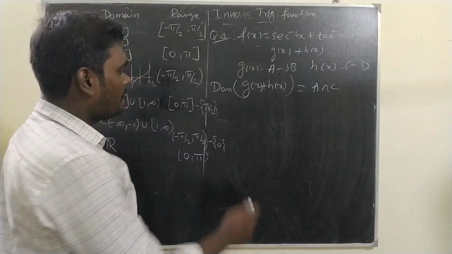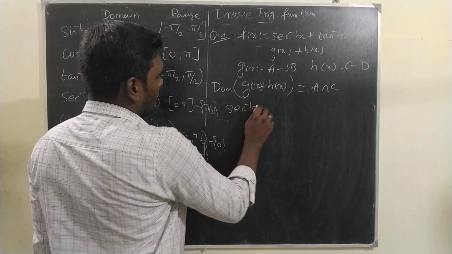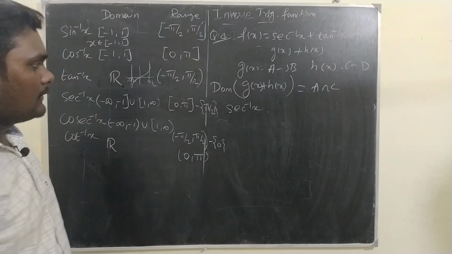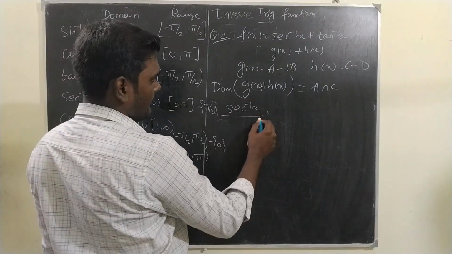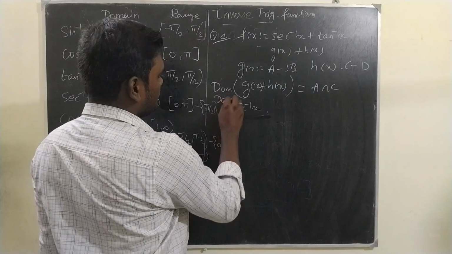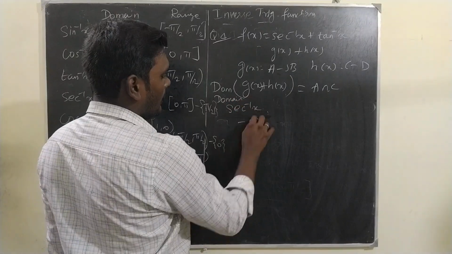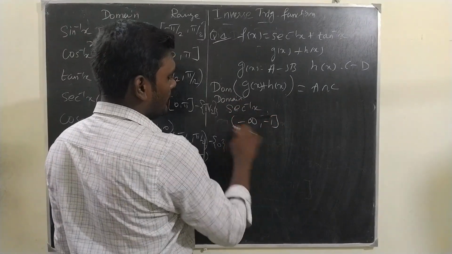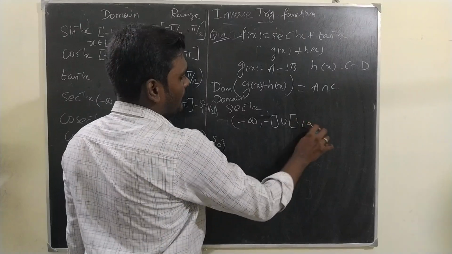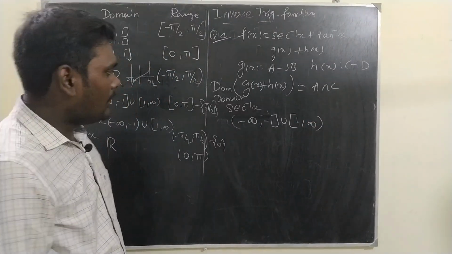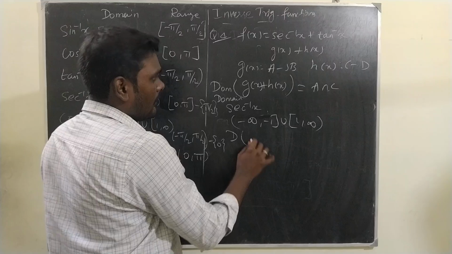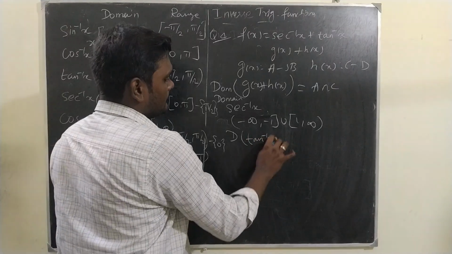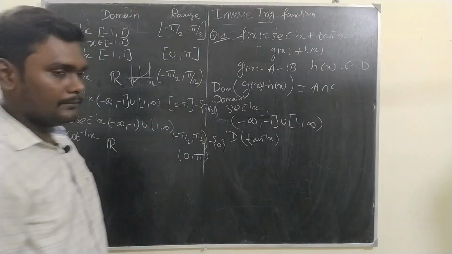What is the domain of secant inverse of x? Minus infinity comma minus 1 included, union 1 included to infinity. And the domain of tan inverse of x is real numbers fully.